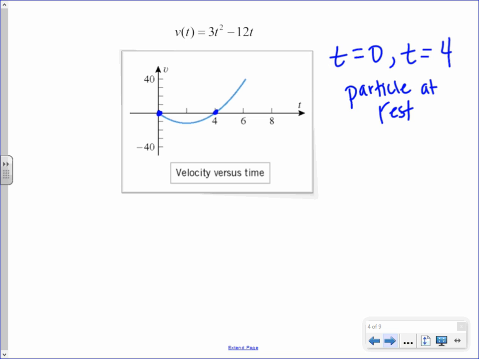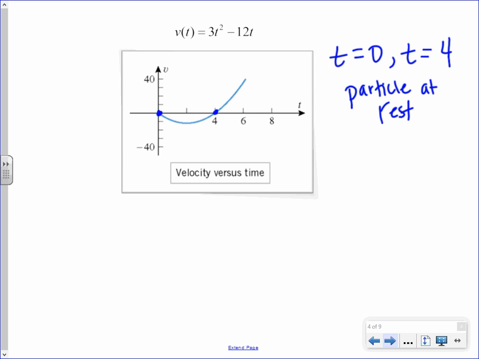Our particle is at rest. Now, Jackson said switching directions. In order for an object to switch directions, if I'm pacing back and forth, I have to stop my motion to the left before I can go to the right. So anytime a particle switches direction, it has to come to a rest before it can go back.